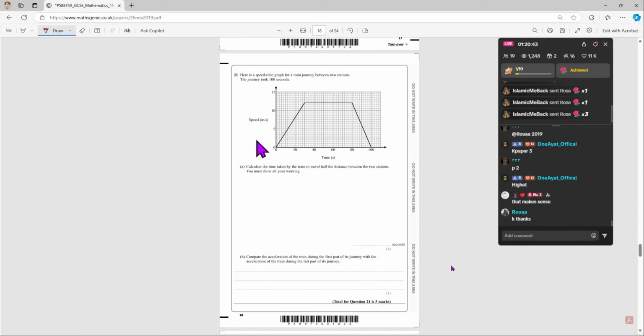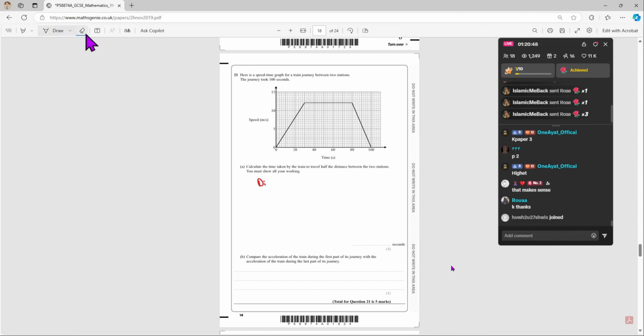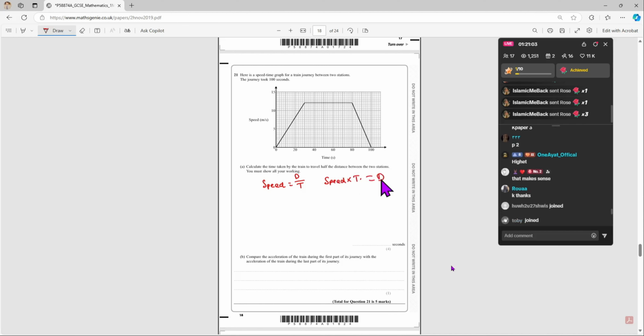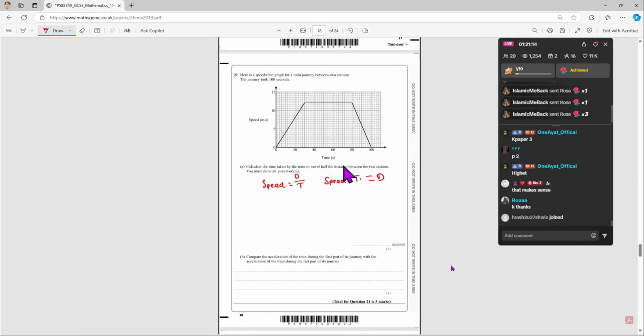Since speed is distance over time, we can work out distance by doing speed times time. So we're going to do exactly that. To work out that, we have to do 20 seconds times 10.